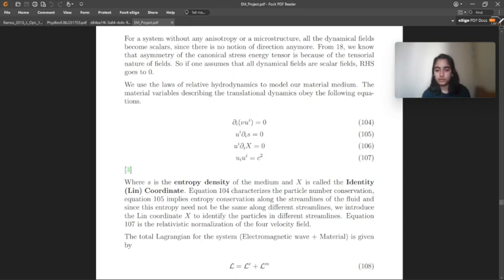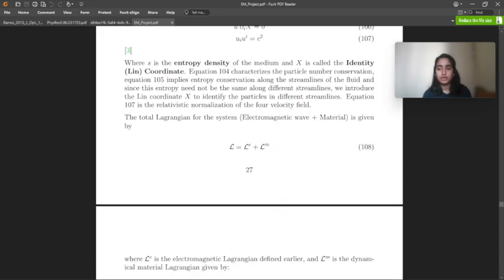This second equation implies that entropy is conserved along streamlines of the fluid, and this x, which is called the Lin coordinate, we introduce as a coordinate to keep track of the streamlines where our entropy is conserved. So now the total Lagrangian for our total system is given by the Lagrangian for the electromagnetic field plus that for the material.